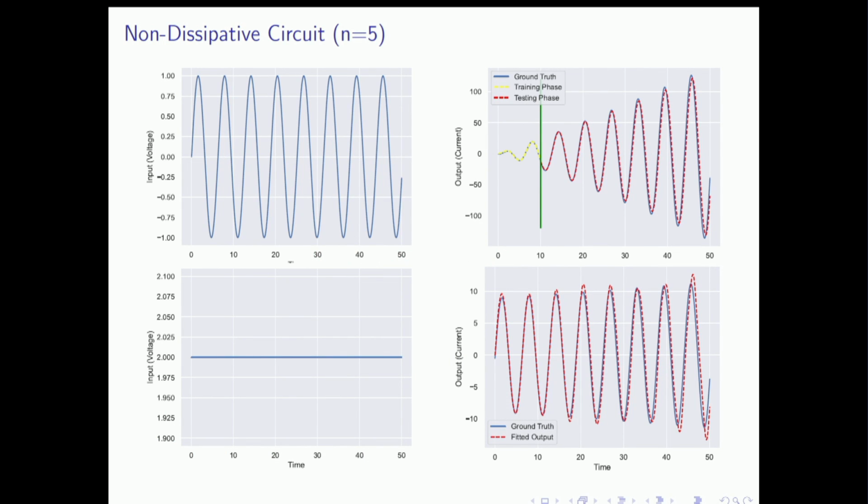So for example, I'm taking the circuit I just showed you in the very beginning. The first two plots, the left one is the input, and the right one is the output. You see, I only train it a little bit, and then I test it.